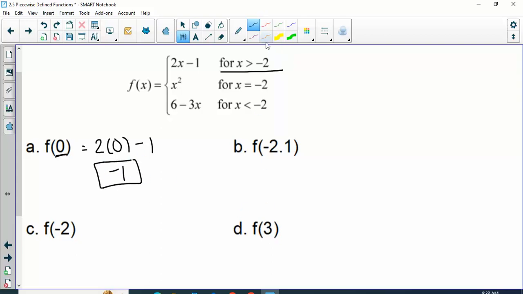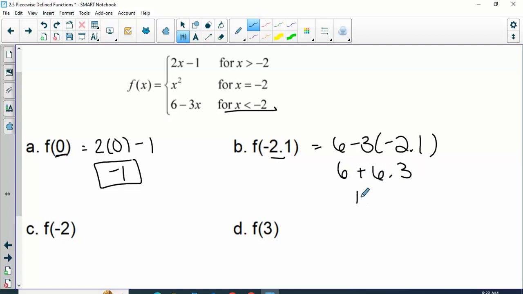F of -2.1. Where would I put in -2.1? Third. -2.1 is less than -2. So we put it in there. So 6 minus 3 times -2.1. And you get 12.3.